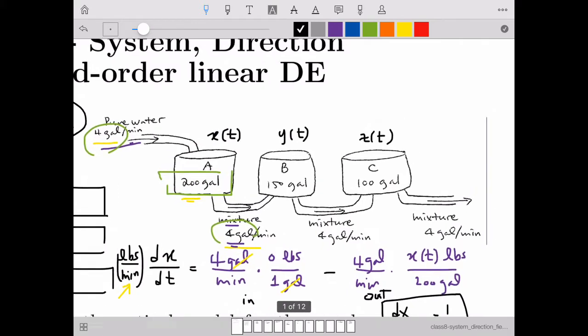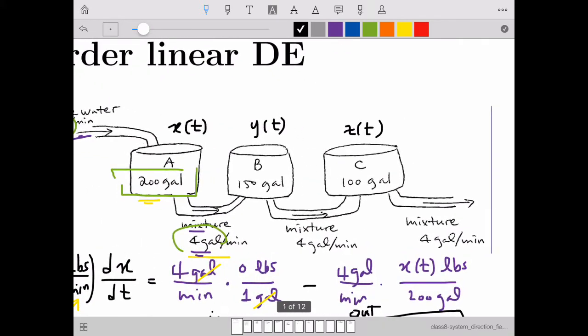Similarly, let's look at y. For dy/dt, again, it is rate in minus rate out.